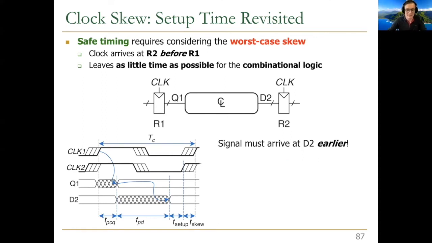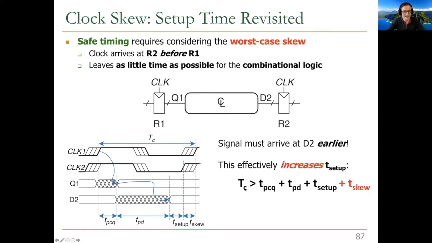So now basically the equation for your clock cycle time is the clock to Q propagation delay plus the propagation delay of the circuitry plus the setup time of the second latch plus the clock skew. You need to take clock skew into account now because we ignored it previously, which essentially increases your setup time.